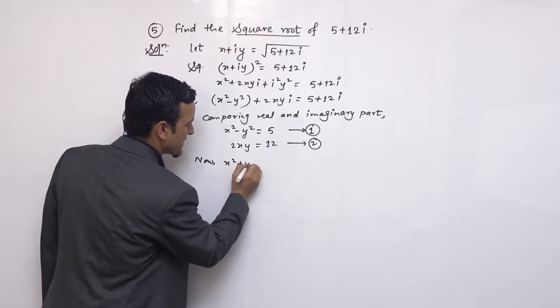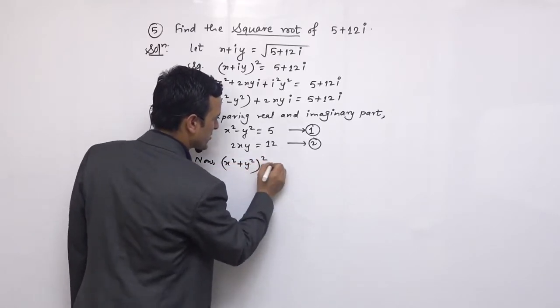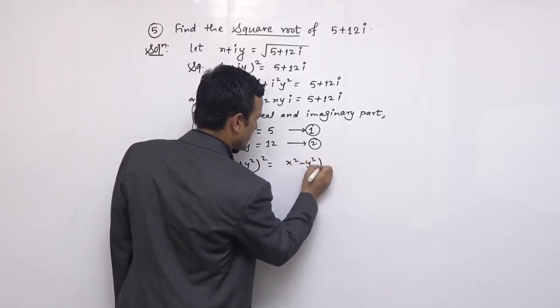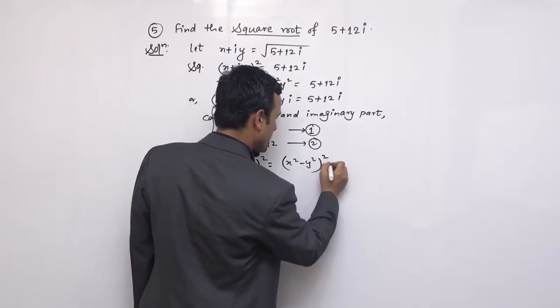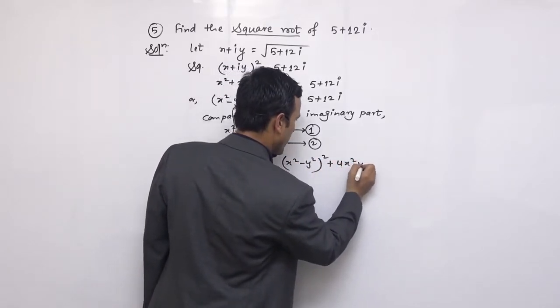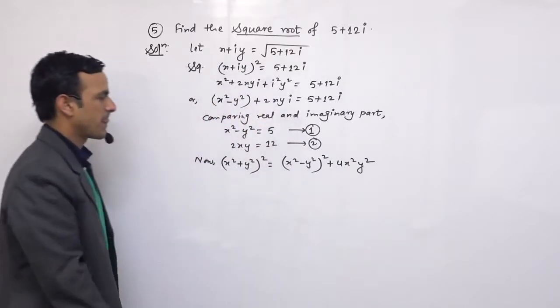Now we can calculate the value of (x square plus y square) whole square is equal to (x square minus y square) whole square plus 4x square y square.